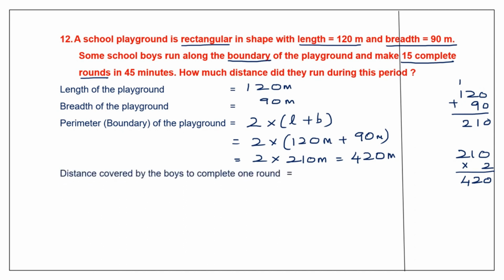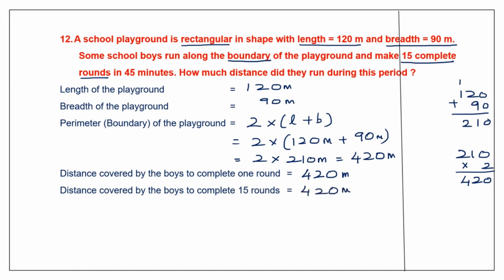Now we need to see the distance covered by the boys to complete one round. To complete one round, it is equal to the perimeter, which is 420 meters. So this is to complete one round, and in the question they're asking us about 15 rounds. So the distance covered by the boys to complete 15 rounds will be 420 meters into 15. So let's multiply 420 into 15. 5 zeros are 0, 5 twos are 10, carry 1, 5 fours are 20 plus 1, 21.